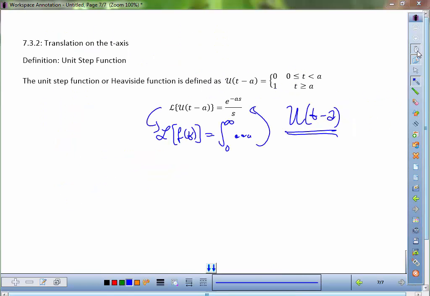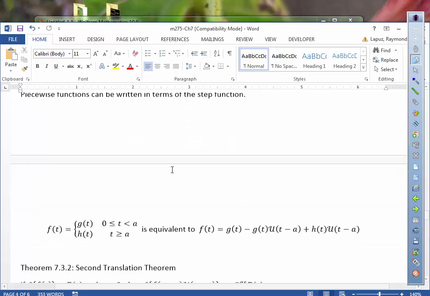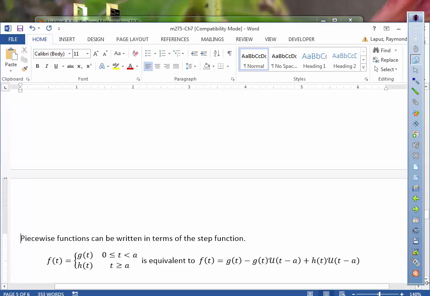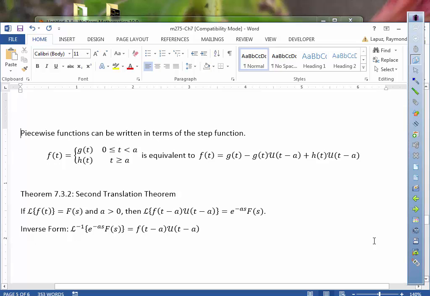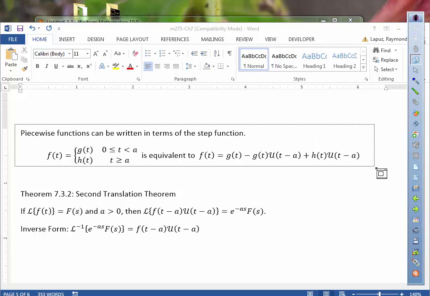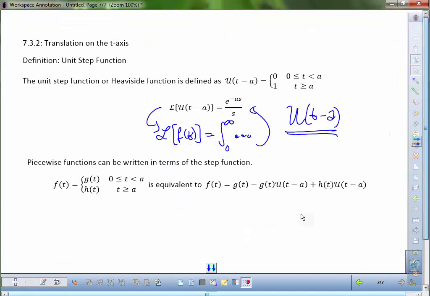All right, a couple more formulas to, not really to remember, but if you have piecewise functions that involve more than one function, we can take advantage of the Heaviside function to represent our piecewise function.